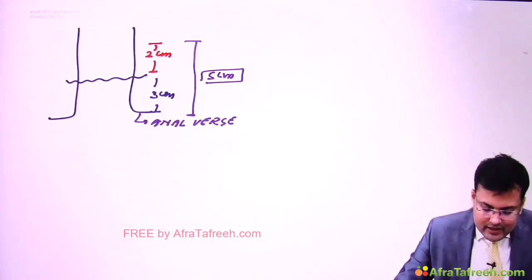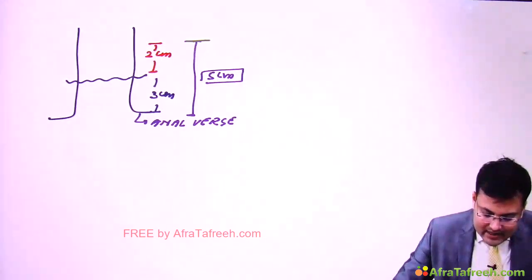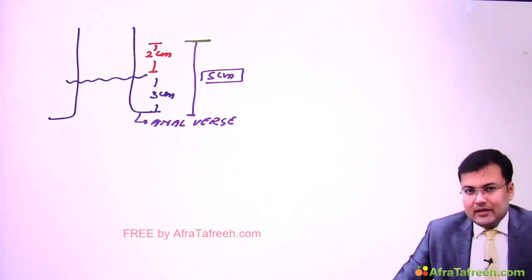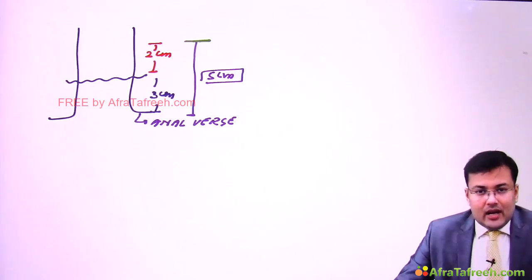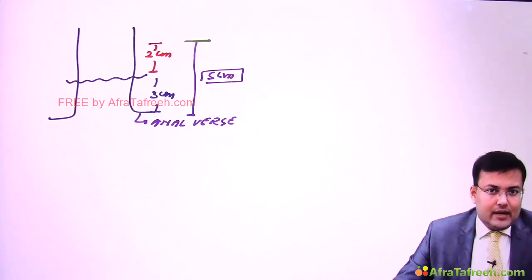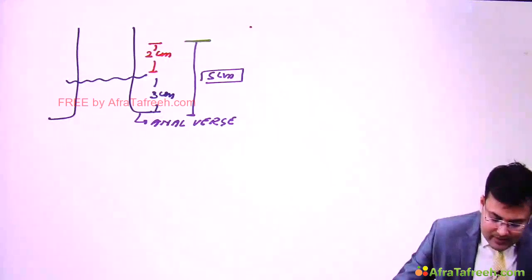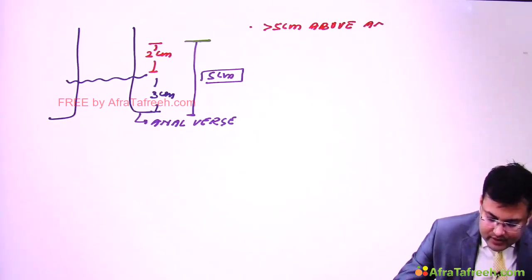Clear? But if the malignancy is located at or below 5 cm from the anal verge, we don't have sufficient margin, and in those cases we have to go for APR. So two situations: when the malignancy is located more than 5 cm above the anal verge, we go for low anterior resection.